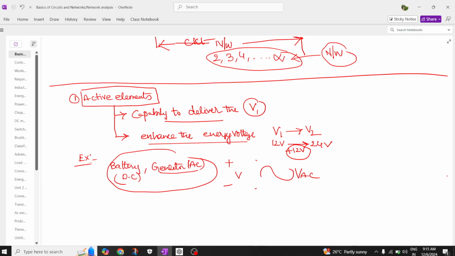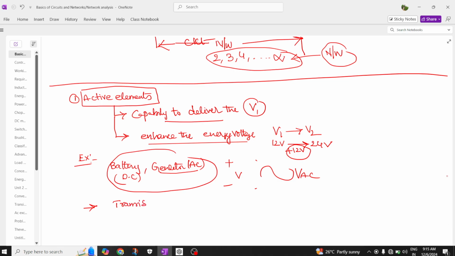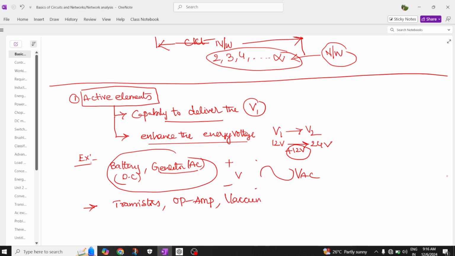One more example we can understand: transistors are also an example of active elements. Transistors, operational amplifiers and vacuum tubes. You may not know vacuum tubes in this generation. These perform the same action as transistors and operational amplifiers.